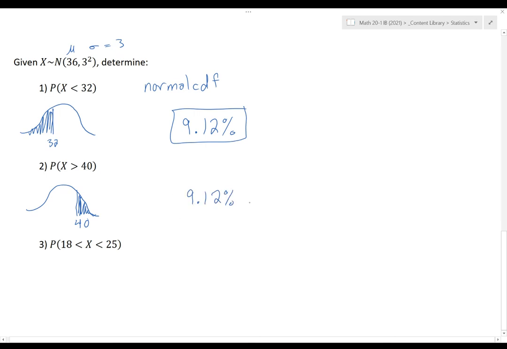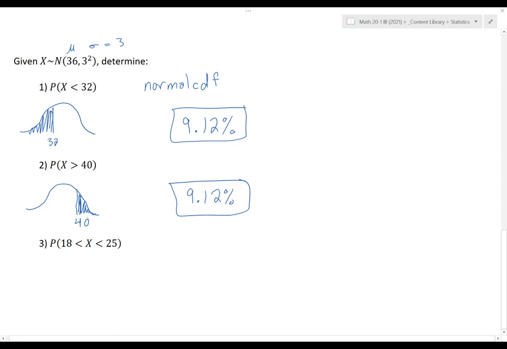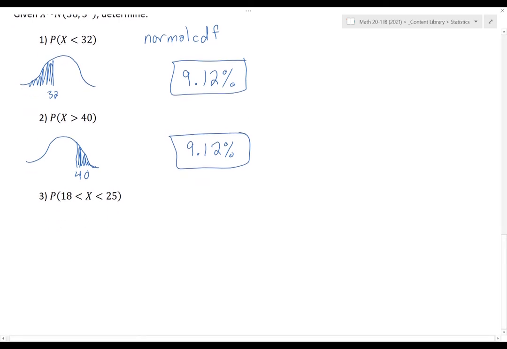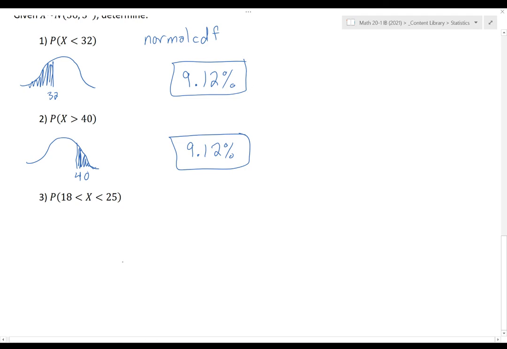And in fact, if I do this using a lower bound of 40 and an upper bound of, say, 1,000, just to be absolutely certain, then I get 9.12%.